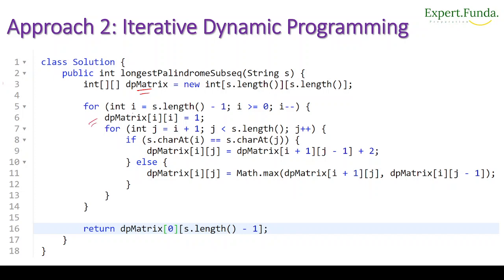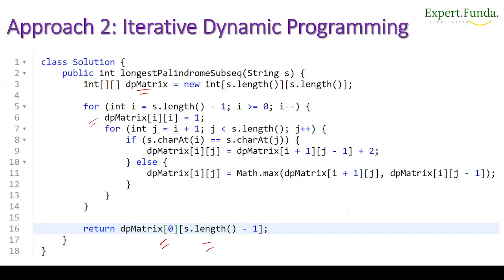Initially we are taking 1. dp of i and j will contain the answer of the longest palindromic subsequence of the substring formed by i and j in the string. Our answer would be dp of 0 and n minus 1, whatever comes, we will return.